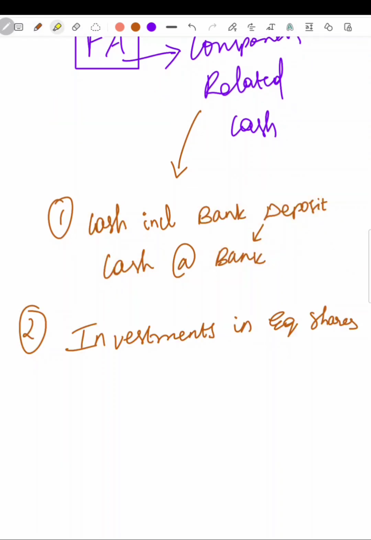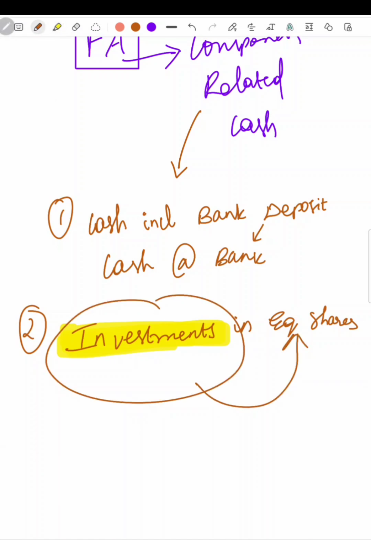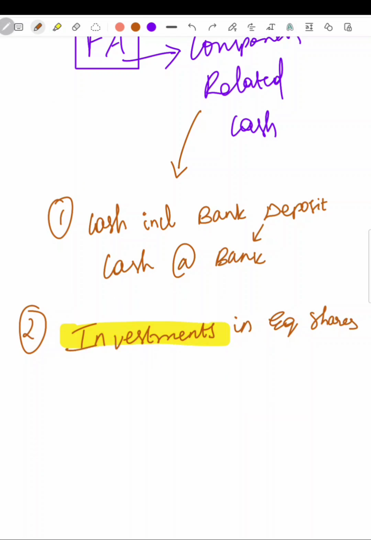Now for investments, we don't have any separate standard. Since investments don't have a separate standard, they also come under the standard of financial instruments. So investments in equity shares will also be called financial assets. But if this investment in equity shares is more than 50%, then that will be in Ind AS 116.